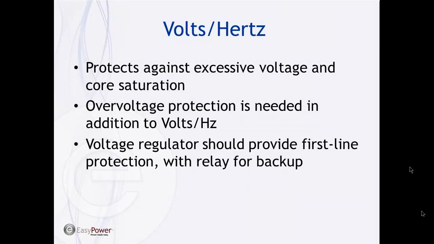Volts per Hertz protection is really to prevent against excessive voltage, high flux, and saturation of the core, and that can be extremely damaging. In addition to volts per Hertz, you need standard overvoltage protection.